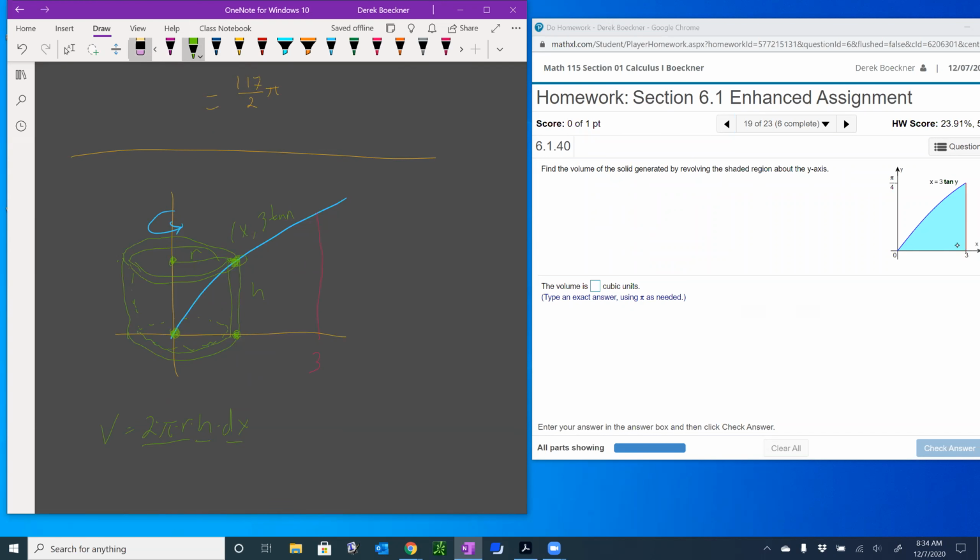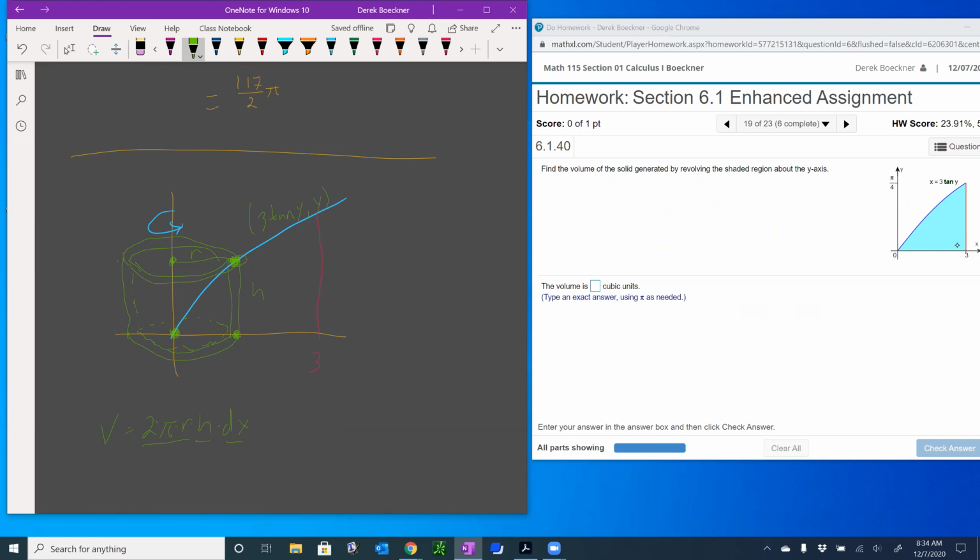Because that's not x is 3 tangent y, that's x is the 3 tangent y. So if I was going to label that point, I would label it as 3 tangent y comma y. All right, that's what that point is.